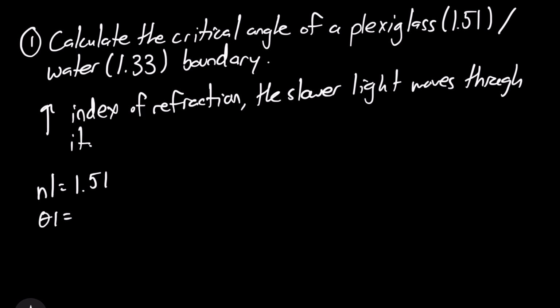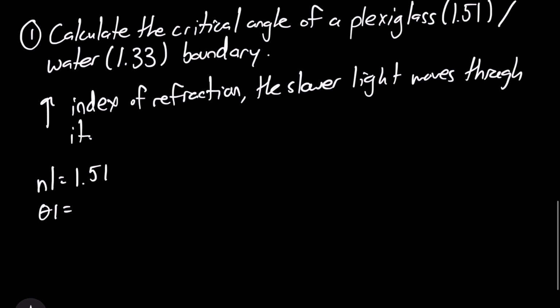Our theta 1, we do not know. Remember, that is our critical angle that we're trying to calculate. Our N2 is 1.33 from the question. And our theta 2, if we're trying to figure out the critical angle, will always be 90 degrees.